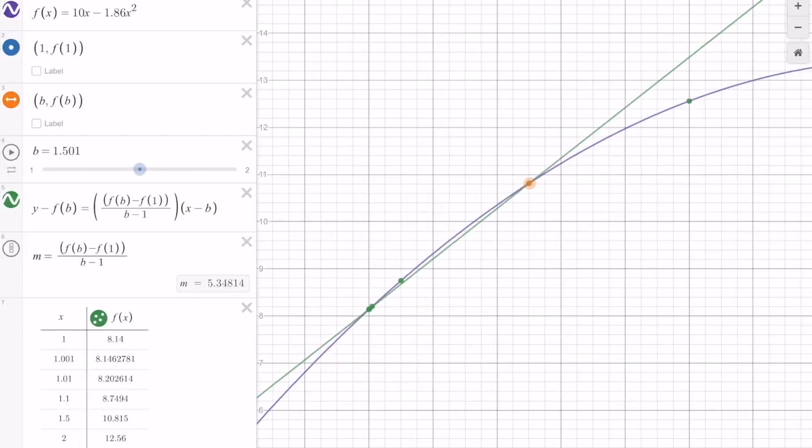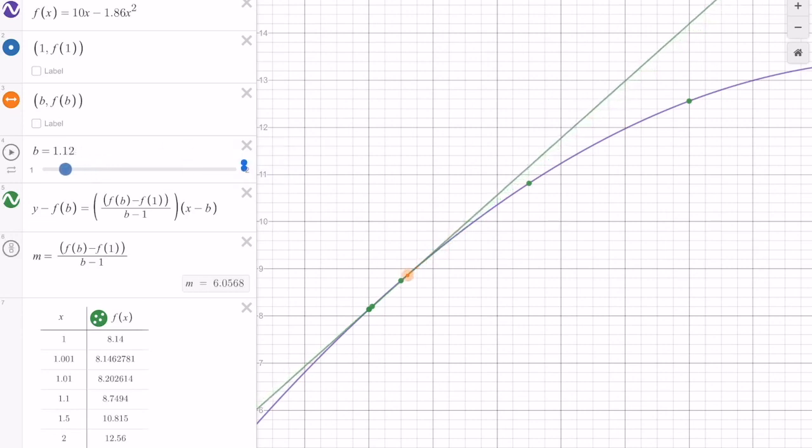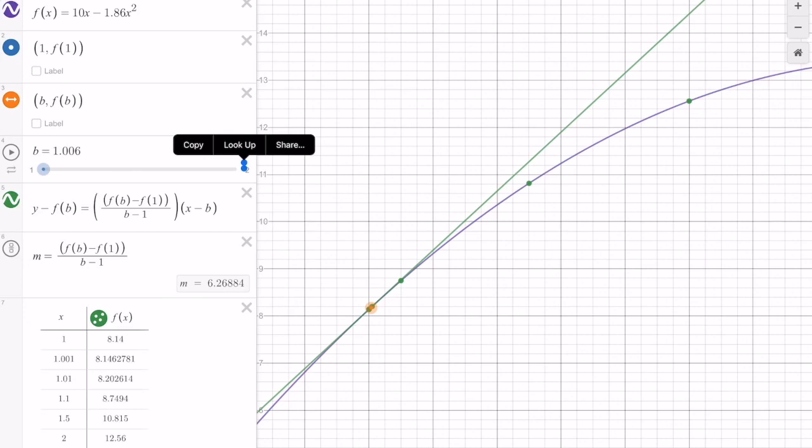So hopefully you understand that. Let me just let that run. The closer and closer that orange point moves closer to t equals 1, notice how that slope is constantly changing, but the slope is getting more accurate. Let me speed this up here, okay? If you move those 2 points as close as possible to each other, arbitrarily close but not exact, you will get an even better and better estimate.